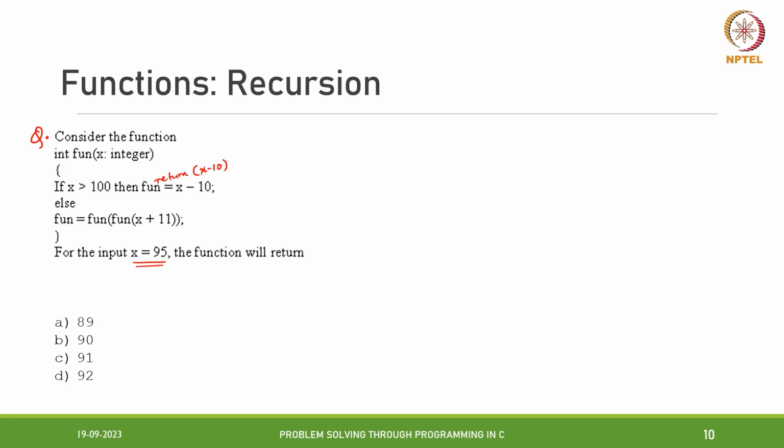So you can basically consider this part, fun equals x minus 10, as return of x minus 10. Similarly, this statement will have an equivalent of return of fun of x plus 11. So this would be how it is, these two statements. Okay, so that would be how you would write down this particular function.